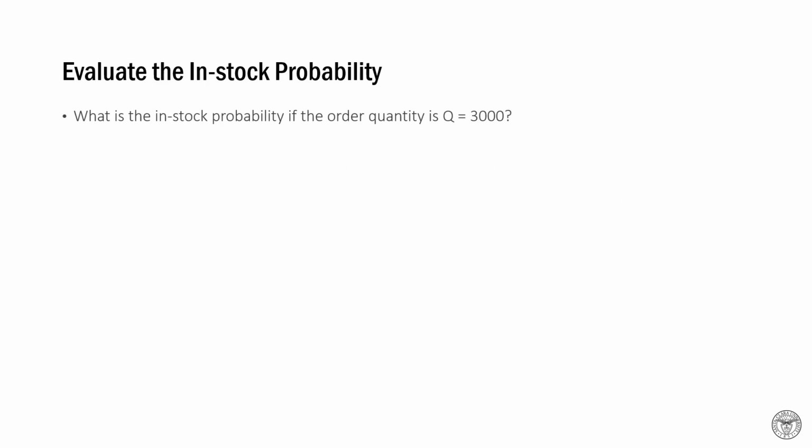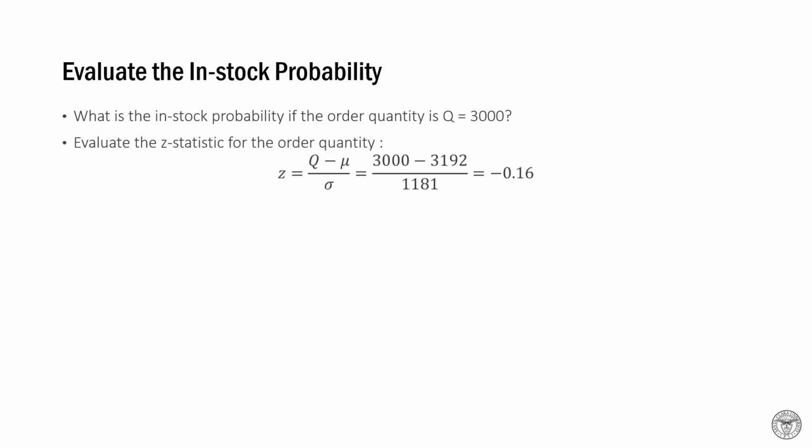Let's now evaluate the in-stock probability for a specific scenario where the order quantity is set at Q equals 3,000 units. To determine the probability, we need to evaluate the corresponding Z statistic for this order quantity. By referring to the standard normal distribution function table, we can find the value of F(Z).